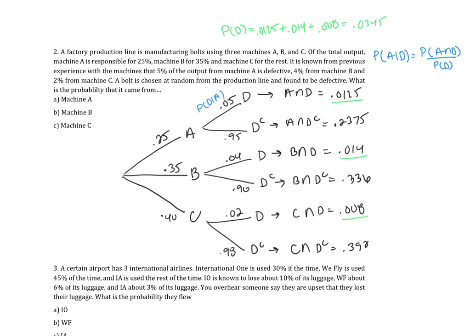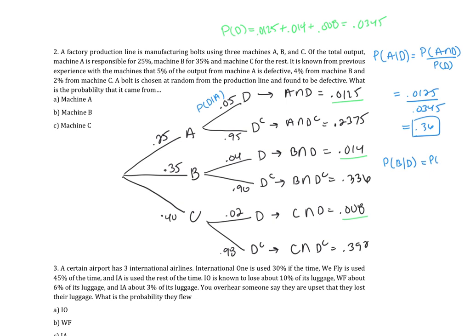And the probability of A and defective is 0.0125. So 0.0125 divided by 0.0345 is approximately 0.3636, or 36%.